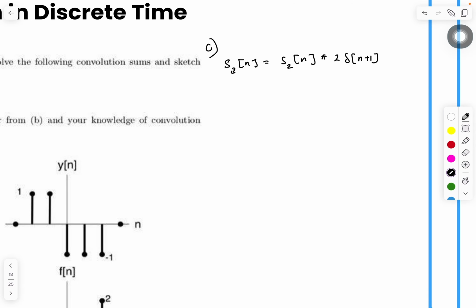So from the shifting property we can just use it, so it will be 2 S2[n plus 1]. So we take S2[n] and shift it, and the shifting factor here is n plus 1, which is n minus -1. So the shifting factor, like t0 before. So whatever amplitude was at 0 will now be at -1.